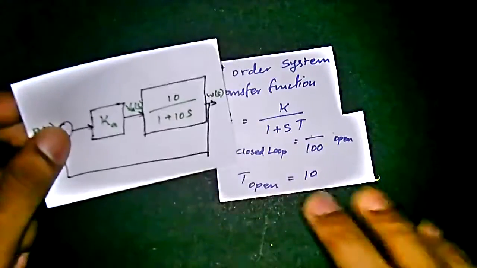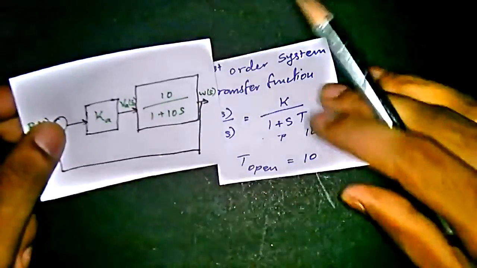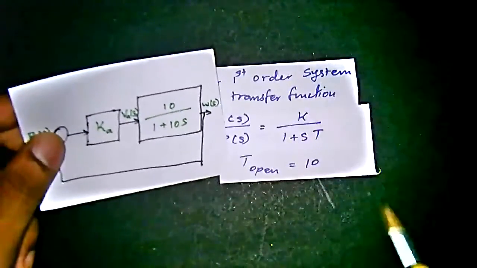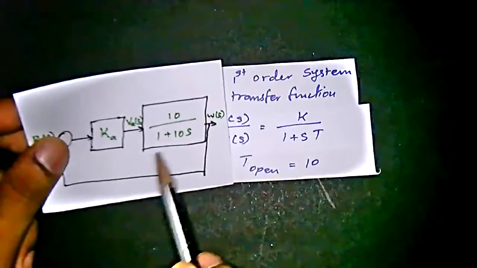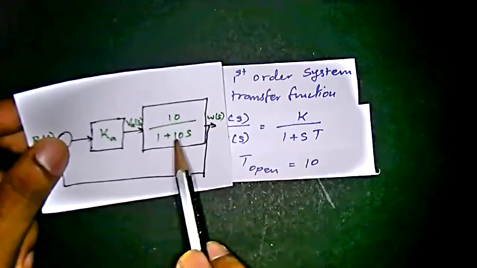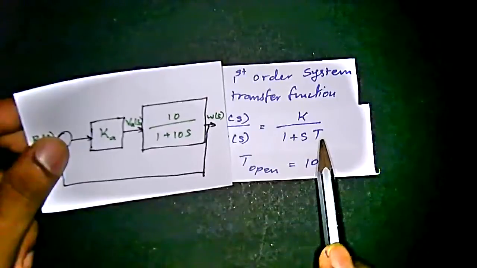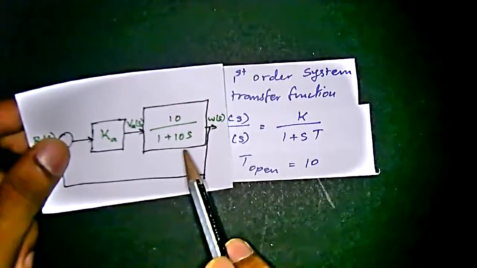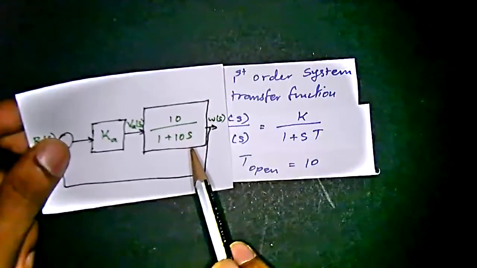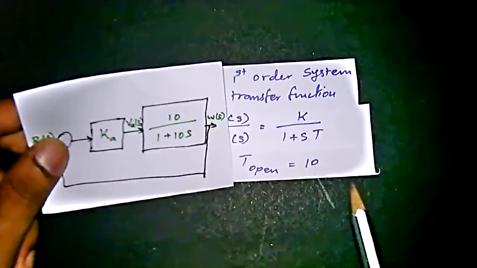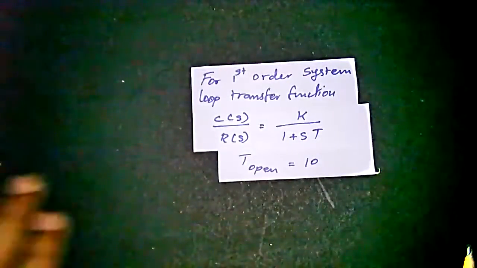That is how T open becomes 10. We are changing 1+10s to 1+sT, so sT = 10s, which gives T = 10. So the T open value is 10.